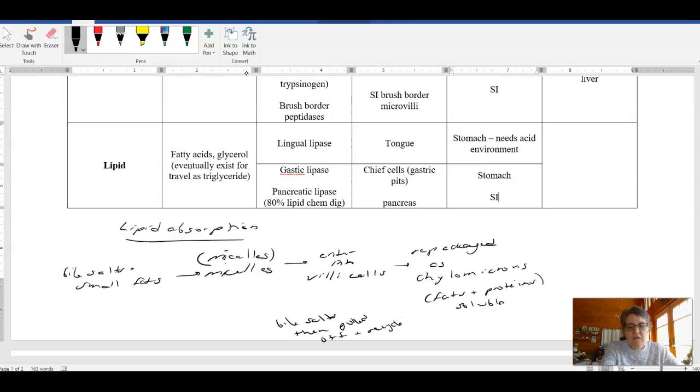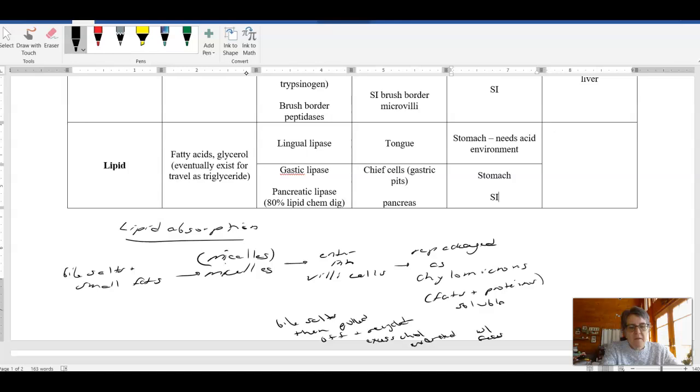Some will leave, but a lot of it gets back in and made back into bile, but then I can excrete some excess cholesterol, excreted with the feces, right?